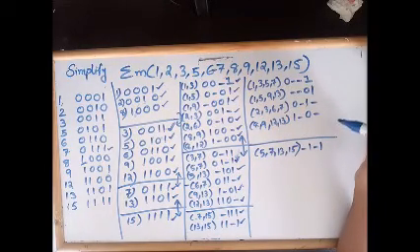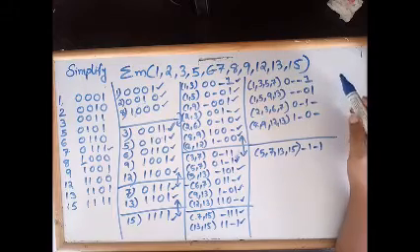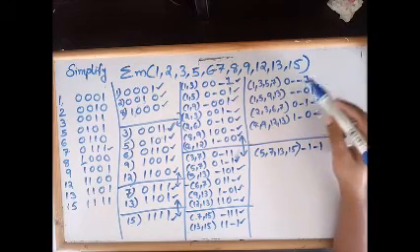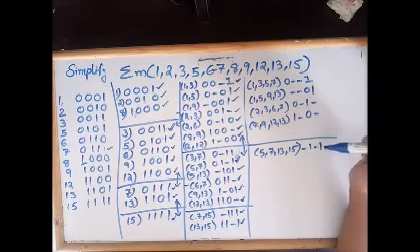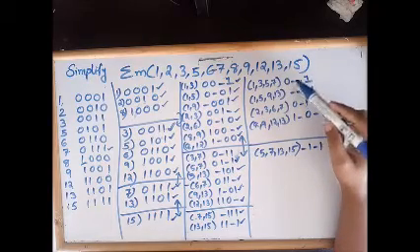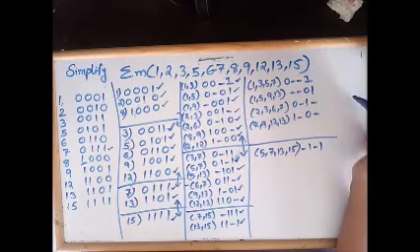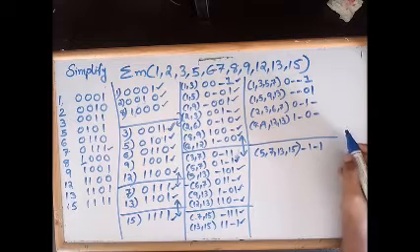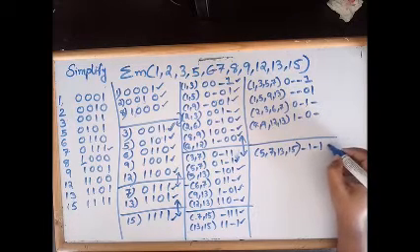So the next step is you need to mark all the terms without a tick mark. So we are not taking these terms to the next level, so we are considering these as different terms.